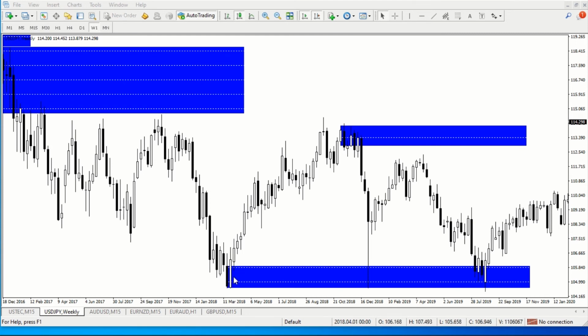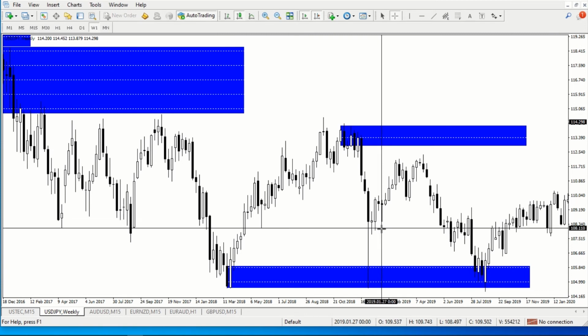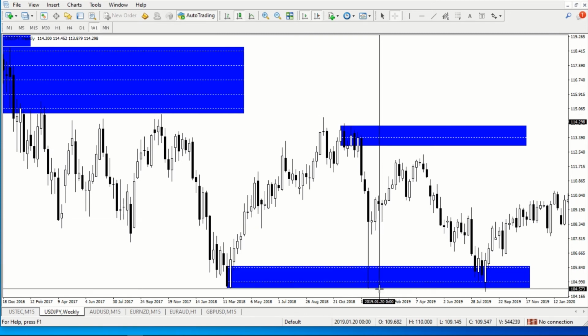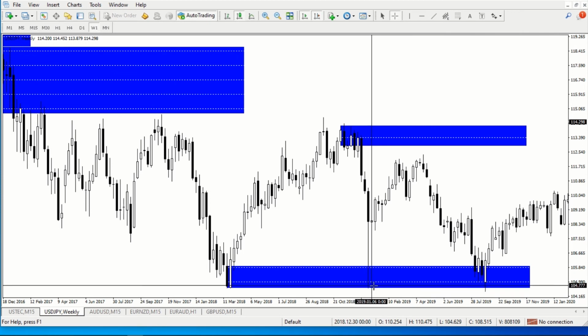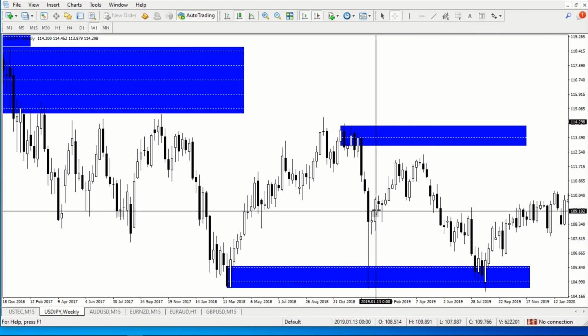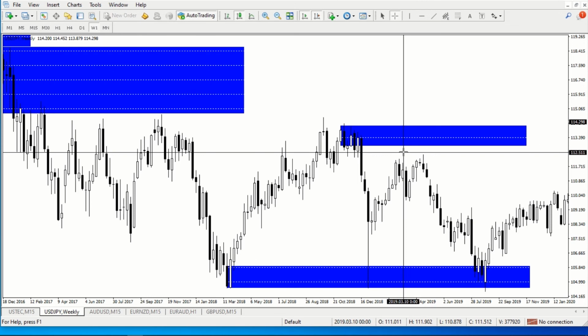As I have marked the levels, you see after price left the zone, it got rejected at the premium level, then made a swing low back to the bullish order block level. I will see to the low of it, then it went back for the immediate order block level.